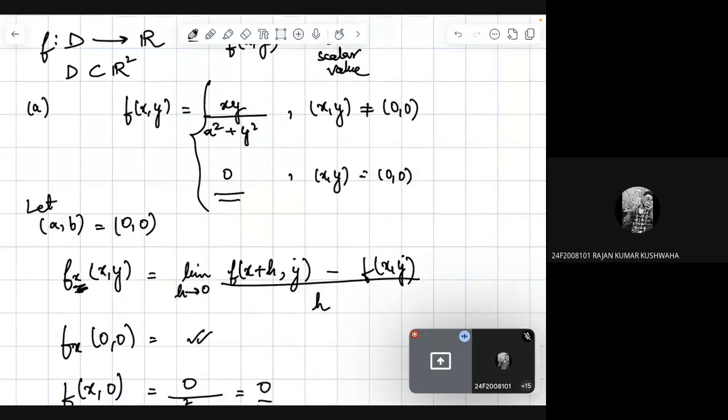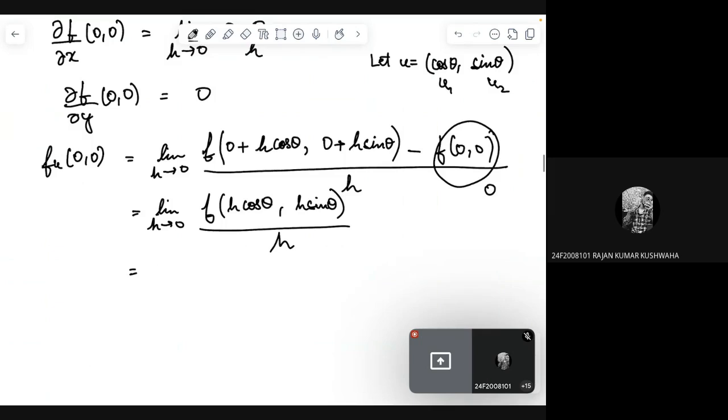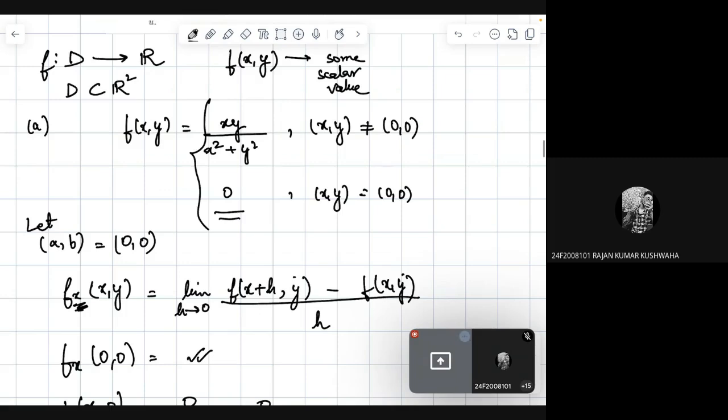So x I have taken as h cos theta and y I have taken as h sin theta. So the numerator becomes h square sin theta cos theta. The denominator is h, and x square plus y square is h square cos square theta plus h square sin square theta.